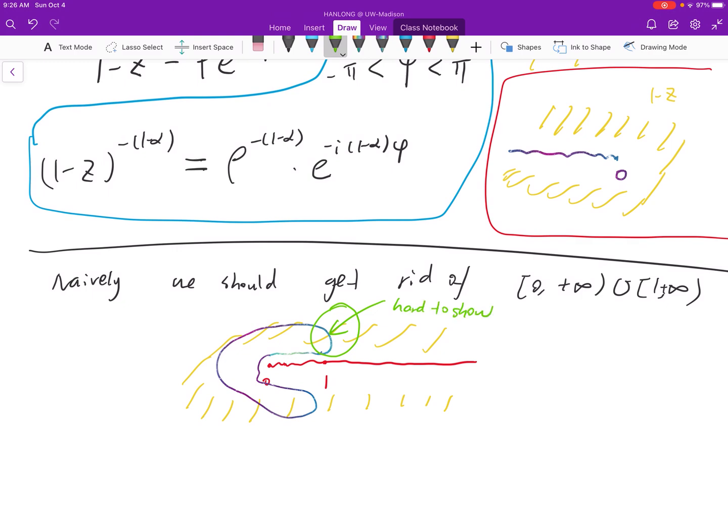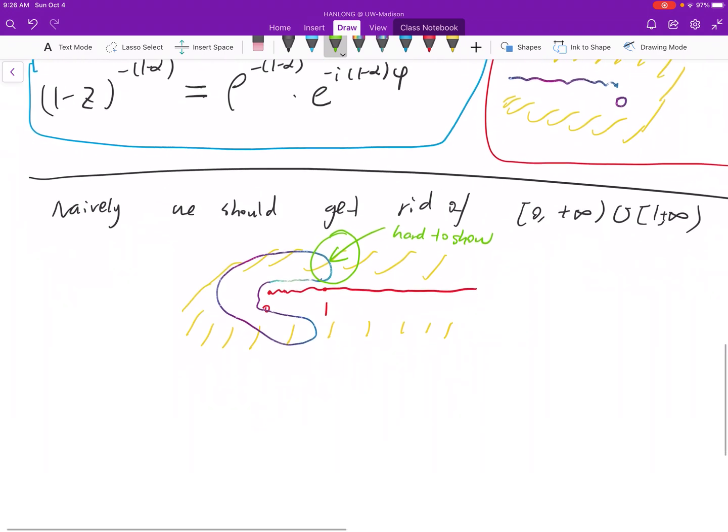Because the outside circle is not going to infinity, you don't concentrate all the interesting property into the sum. Okay, hard to control.